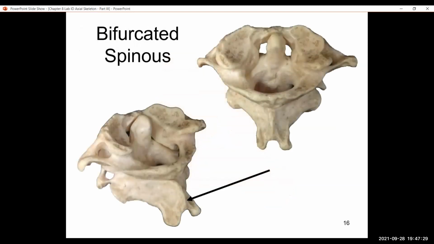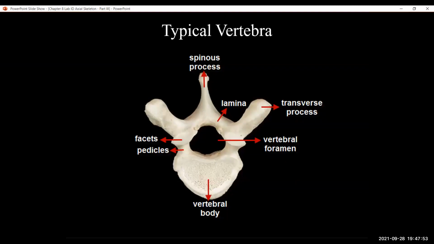And then you can also see both of these vertebrae articulating with one another. So you can see here, there's the odontoid or dens, the odontoid process. You notice the spinous process that comes off of C2. You got these two little nubbins here, and we refer to that as a bifurcated spinous. All right, so those are your atypical vertebrae.